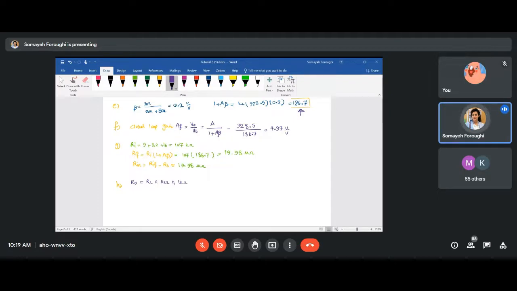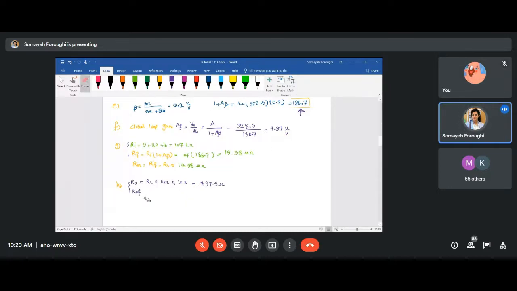If you find it, Ro will become, I calculated it here, 497.5 ohm. This is Ro, this is not your Rout. But out of Ro, you will always find your Rof.